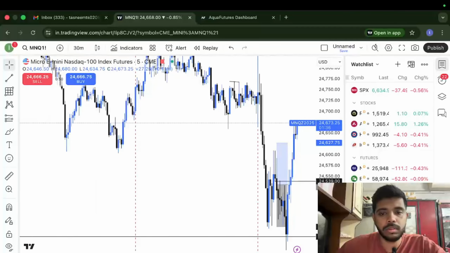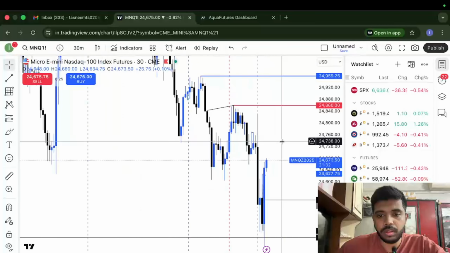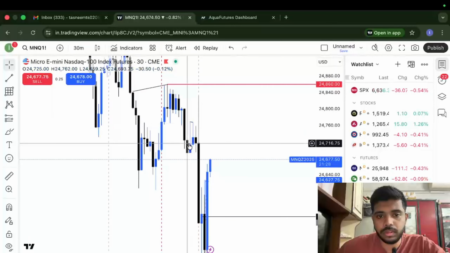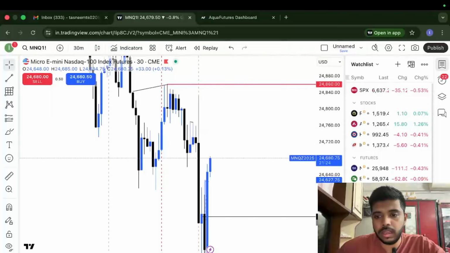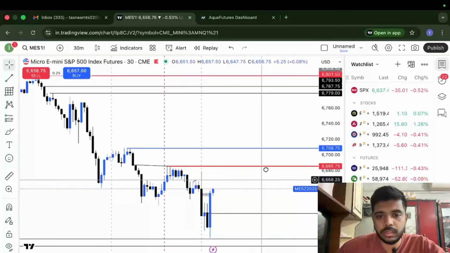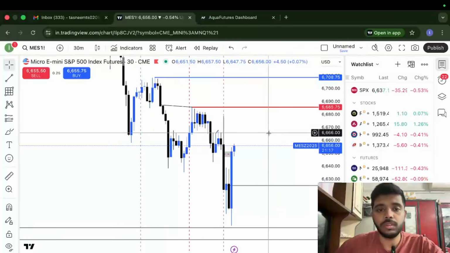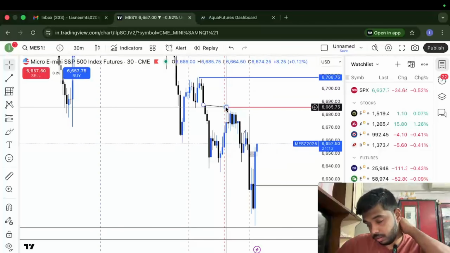Coming back to a 30 minute time frame, as you can see here, these highs to these highs, and on ES these highs to these highs. So pre-market sweep, and the bias was confirmed. We will move to the downside because we have not one, but two bearish SMT divergences.